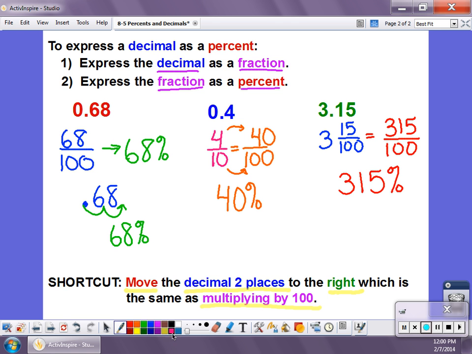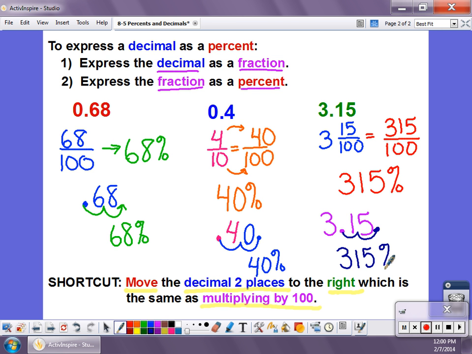We're going to start off with 4/10. My decimal point's right here. I move that decimal point 2 places to the right. I have an empty space, so I'm going to add a 0 to it, which will give me 40%. And then finally, last but not least, when I had 3 and 15/100, when I move this decimal point 2 places to the right, it gives me 315, which was 315%. So you can see that these matched.